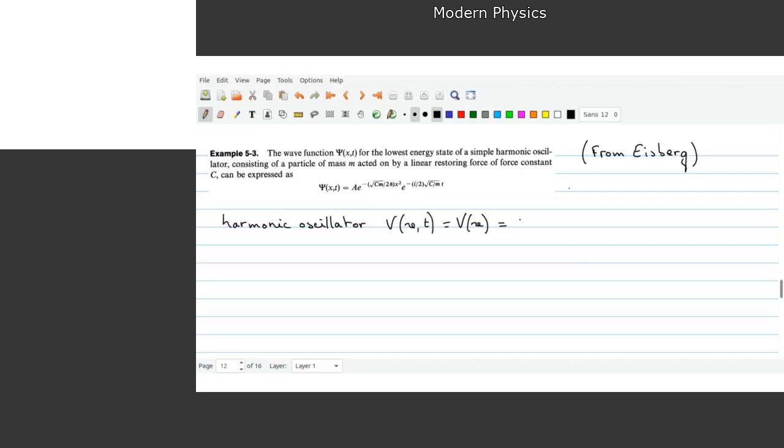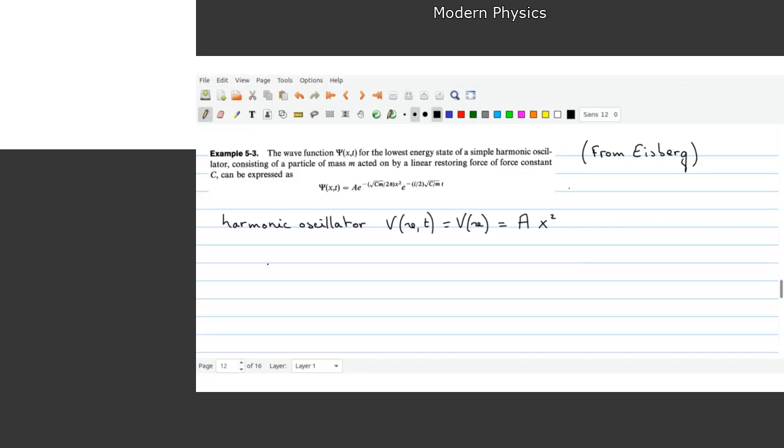It is equal to a constant A times x squared. And so this is the harmonic oscillator. You know it from classical physics.